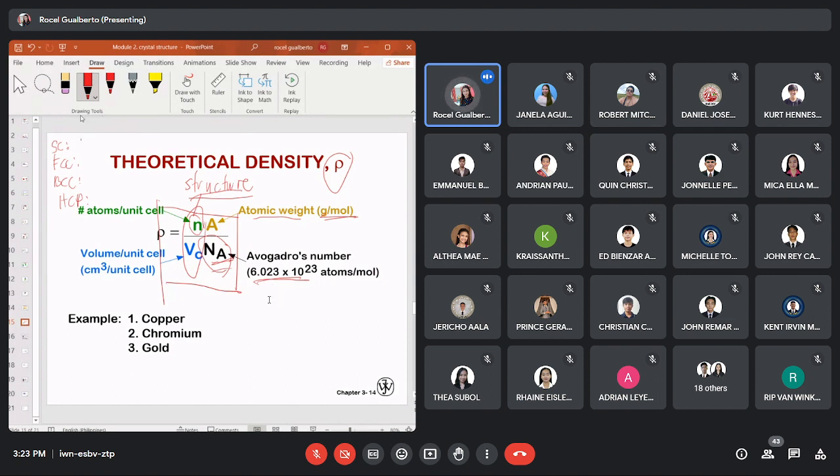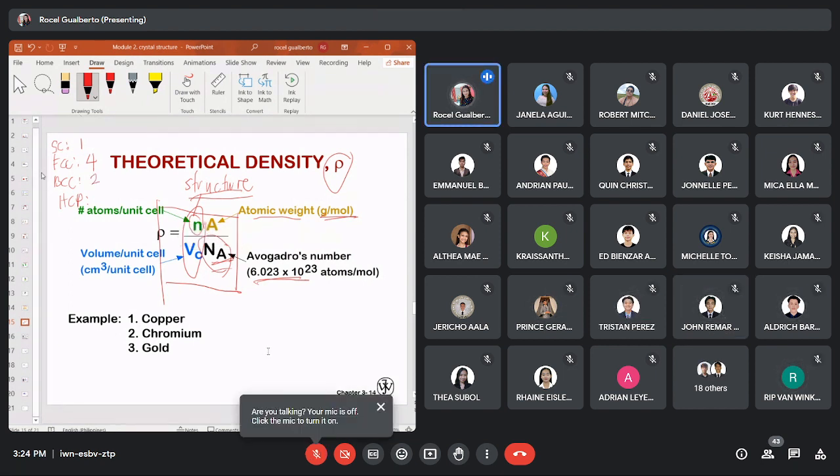So we have there 1. Next one for FCC. 4 po. Okay, tama, we have here 4 for FCC. For BCC po, ilang pong atoms meron sa isang unit cell? 2 po. 2, correct.